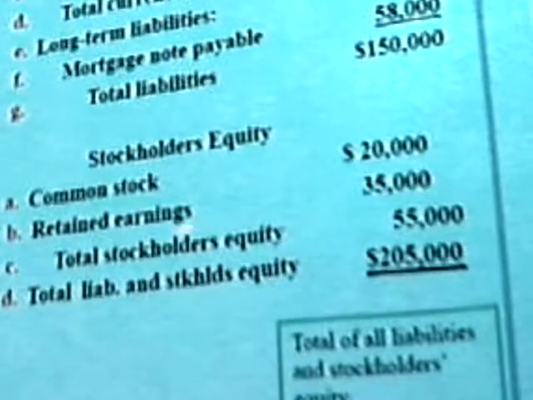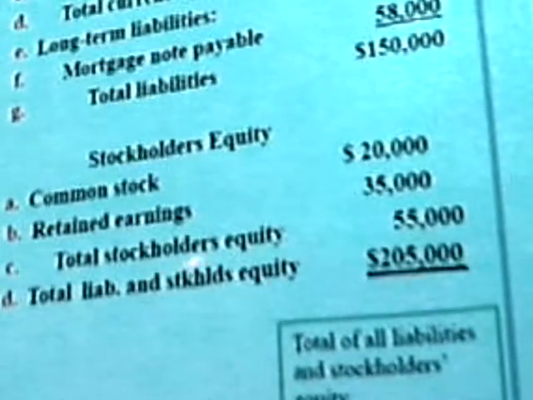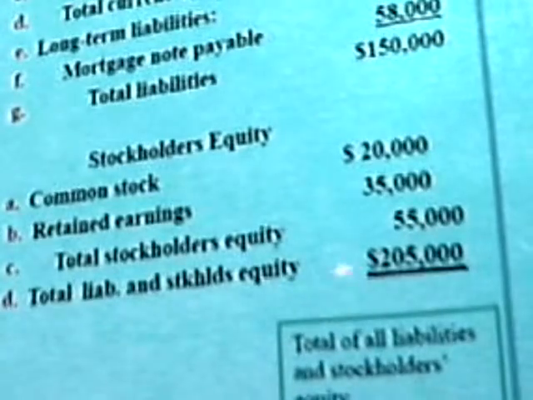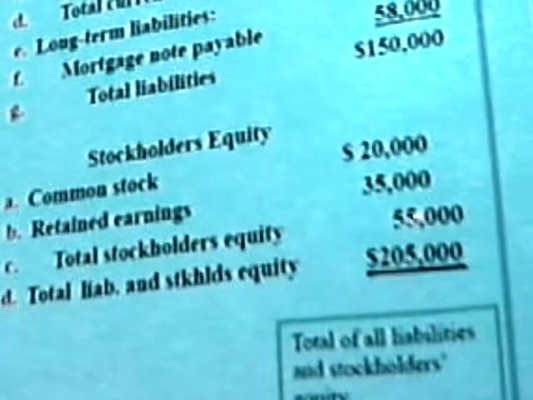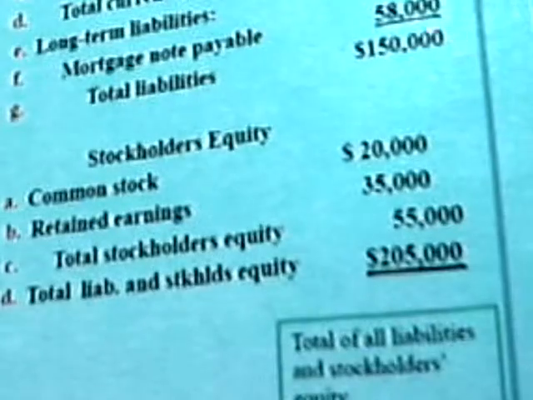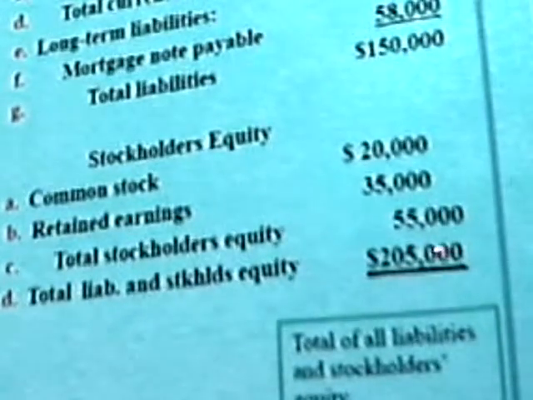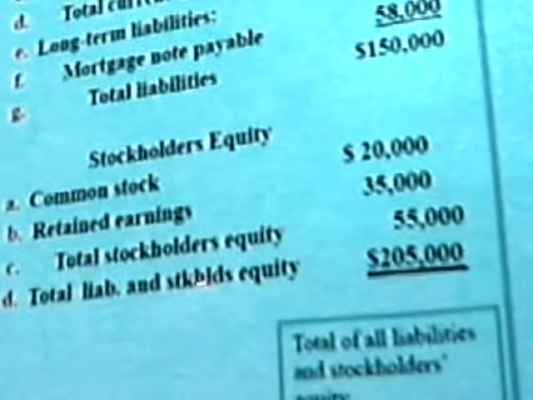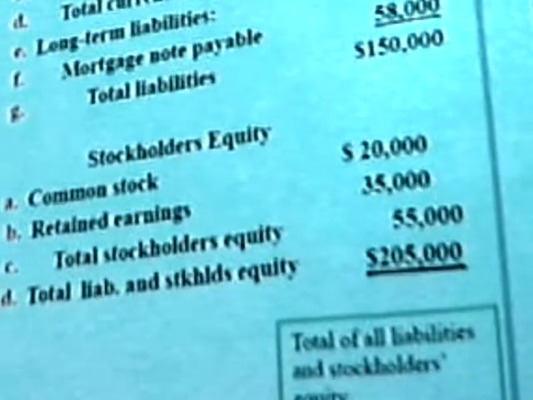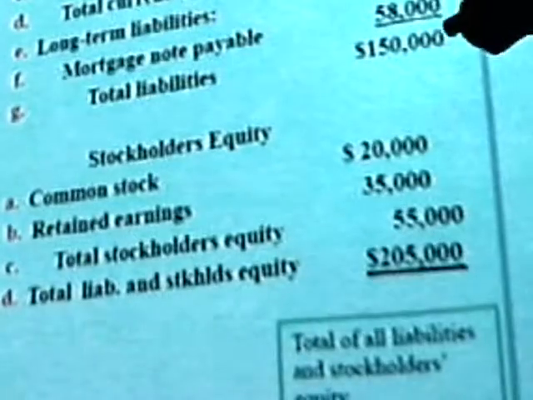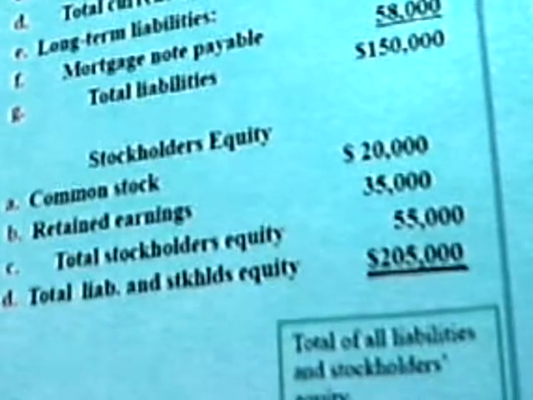But this is all I'm going to say. Look at the total stockholders or total owner's equity, this figure, and add it to what? The total liabilities, and you get total liabilities and owner's equity. Same thing as stakeholder, owner's equity. So you see how we got these two numbers?